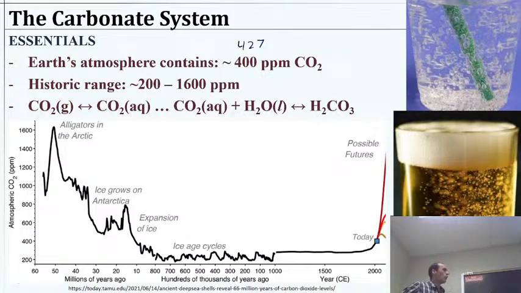In our aqueous systems, we describe CO2 dissolving as CO2 gas in equilibrium with aqueous CO2. And then the aqueous CO2 reacts with water, with another equilibrium constant, to form H2CO3, which is our carbonic acid. We've talked about that before, and that's the basis of our diprotic carbonic acid, right?